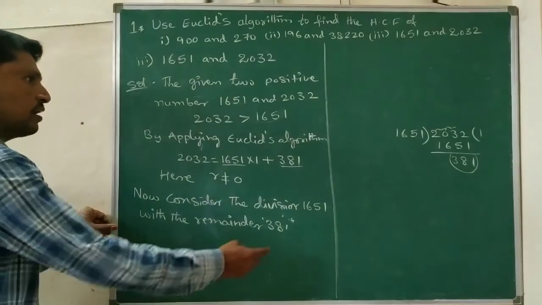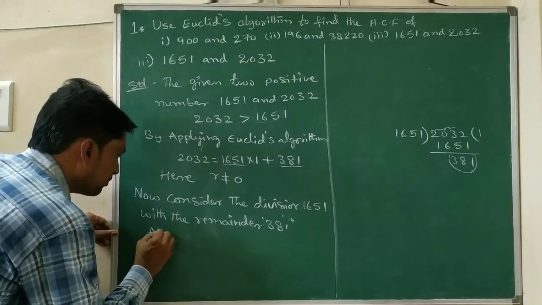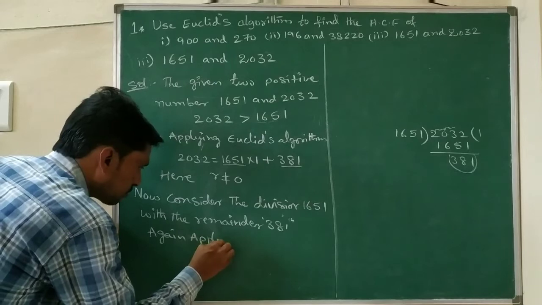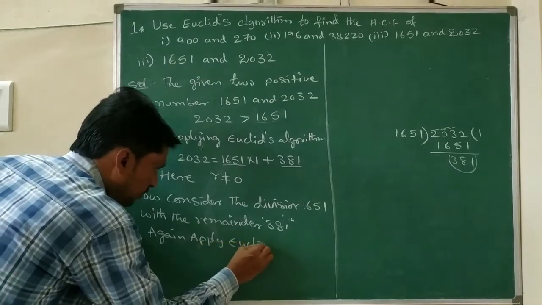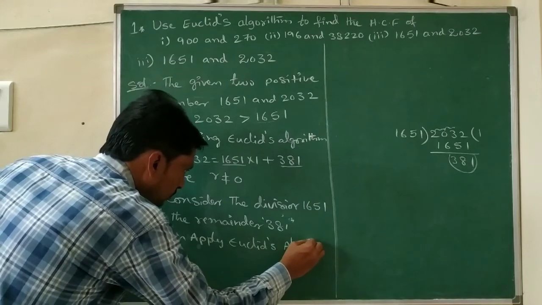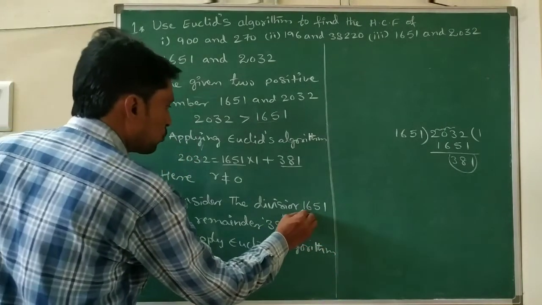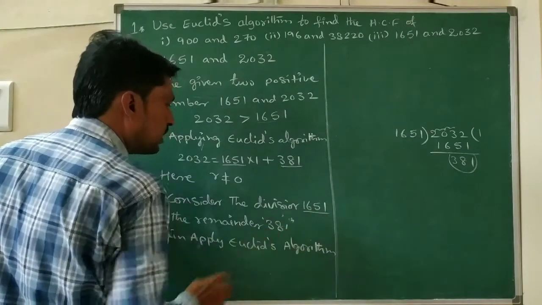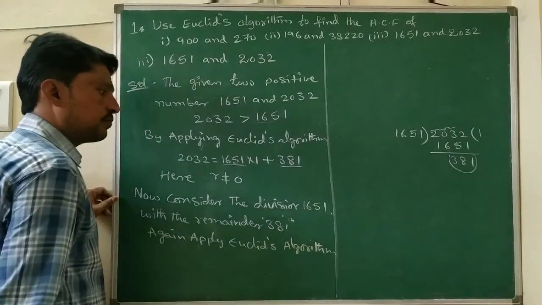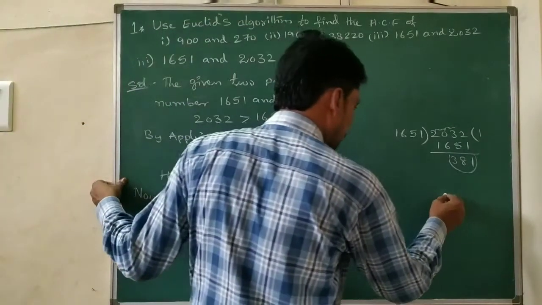Again we need to apply Euclid's algorithm. Now we apply it for these two numbers, the divisor and the remainder, that is 1651 and 381. Now we can take the rough work.